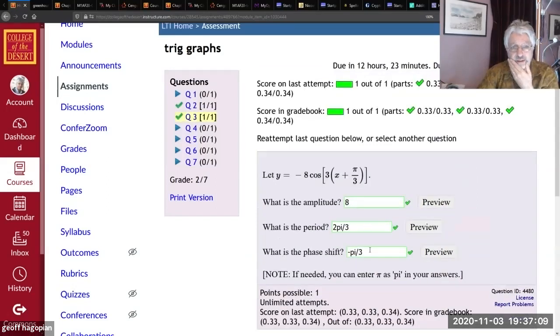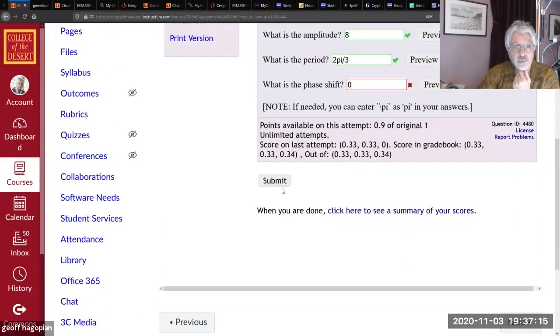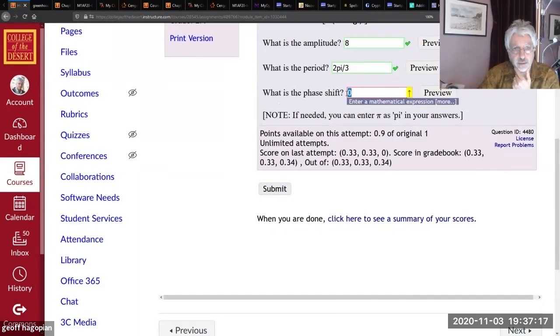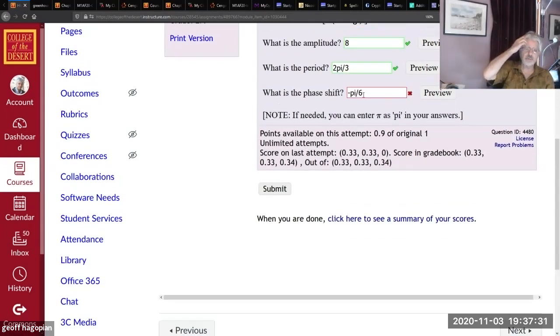But what if I put a 0 here? Would they accept that? No, they don't like that because that's where the cosine starts at a peak. Whatever, right? How about negative pi over 6, which I think is also a reasonable answer if you're thinking of this as, you know, a sine curve.